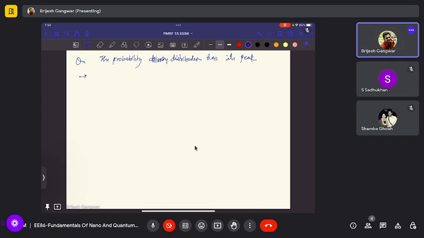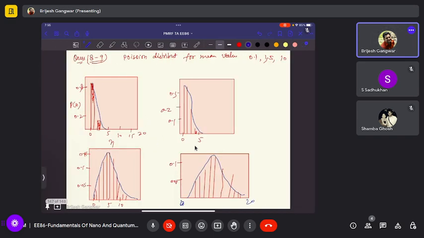Now the question is, the probability distribution has its peak at what: root n average, n average square, n average by 2, or n average by n? Talking about this peak, what is the relation between this peak and this n value?